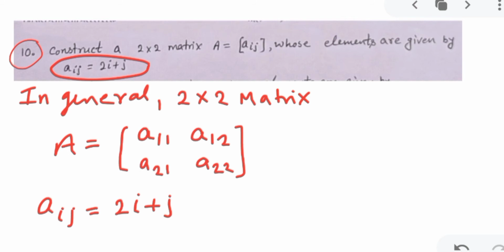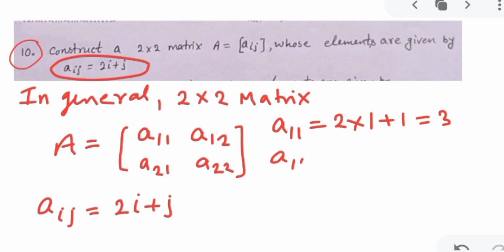So when I find A11, the i value is 1 and the j value is 1. So I put i as 1, j as 1: 2 into 1 plus 1, that is 2 plus 1, 3. So A11 I will get 3.